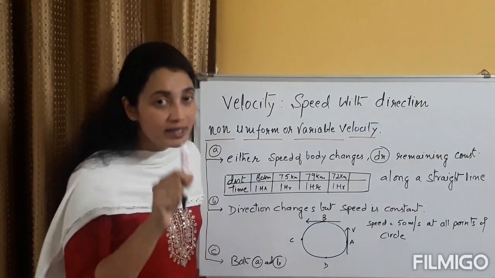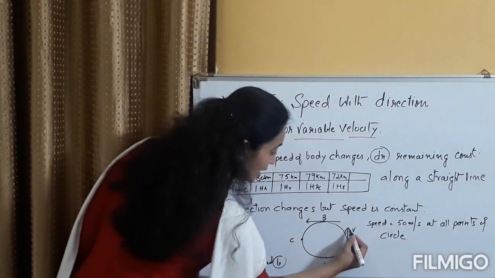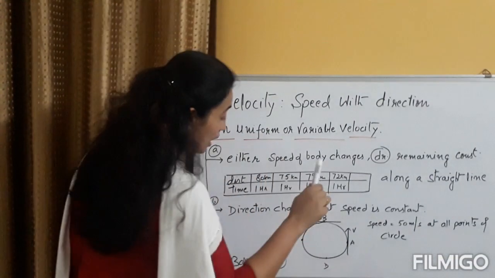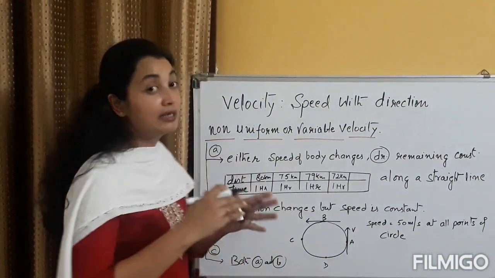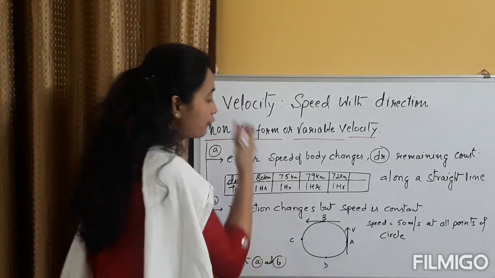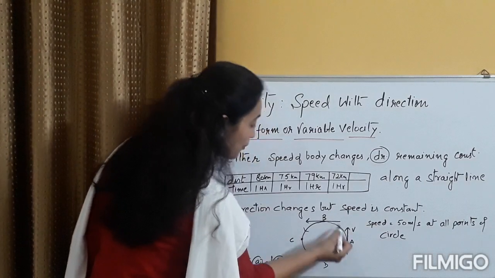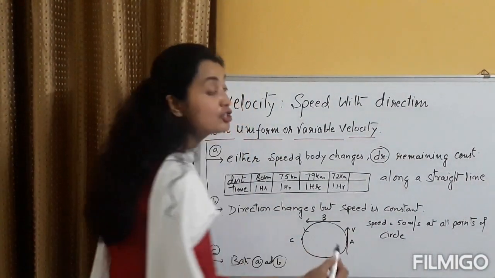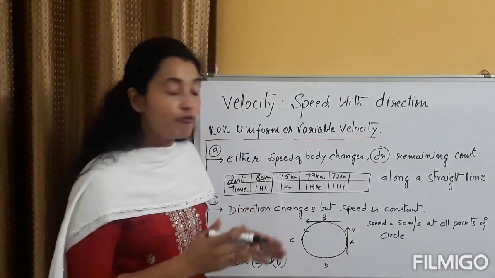But what is changing? Evidently, you can see at the point A, the velocity is tangential. You have to understand that whenever at any point you have to find the direction of velocity, you have to mark a tangent in the direction of motion. Suppose the motion direction is anti-clockwise. So the direction of tangent has to be in agreement with the direction of motion.